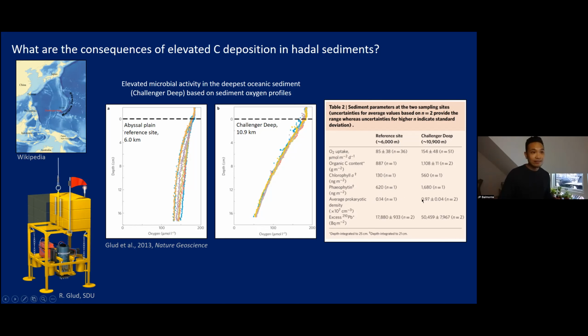There are a lot of microorganisms in the very deep parts of the ocean. And then here's the sedimentation rate based on excess lead-210, 17,880 versus 5459.